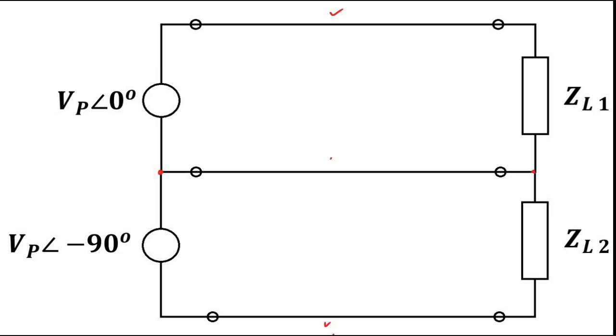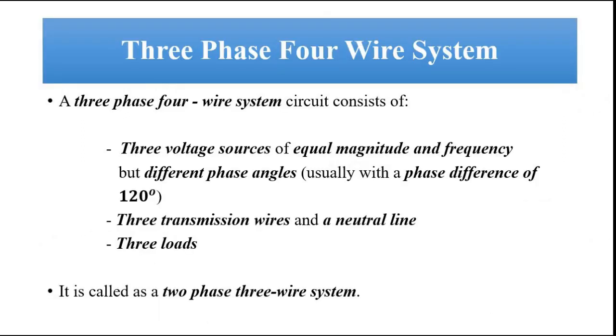This is called the neutral line. So this is the two-phase, three-wire system consisting of two voltage sources, same magnitude, frequency, different phase, with a phase difference of commonly 90 degrees with respect to each other, two loads, three wires, two transmission wires, one neutral wire.